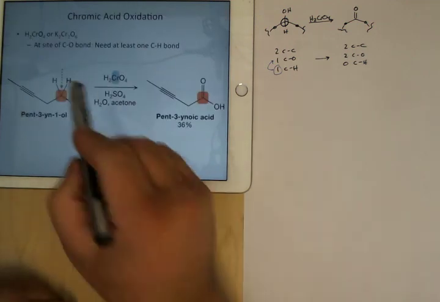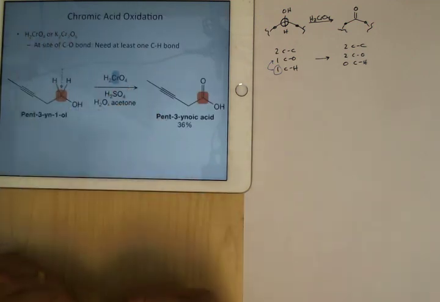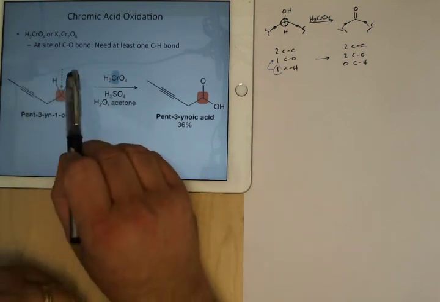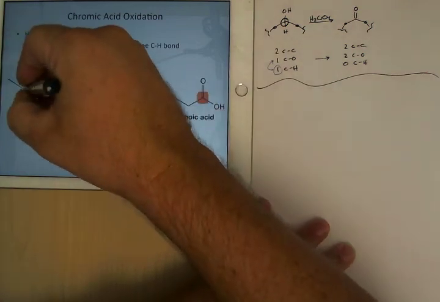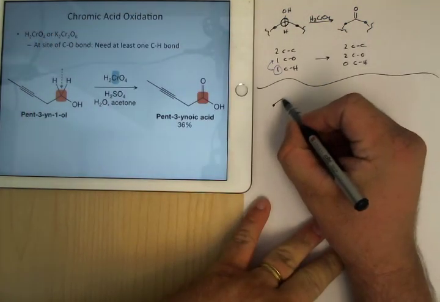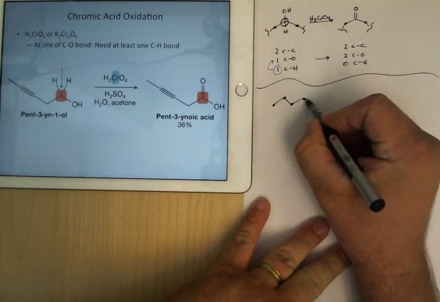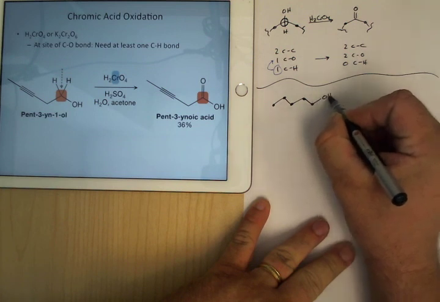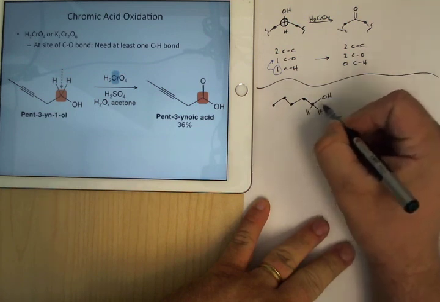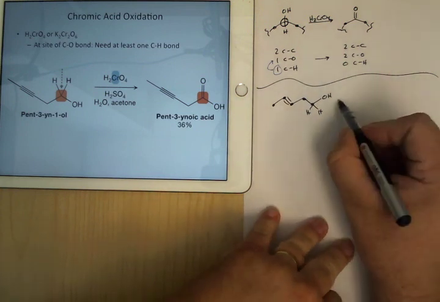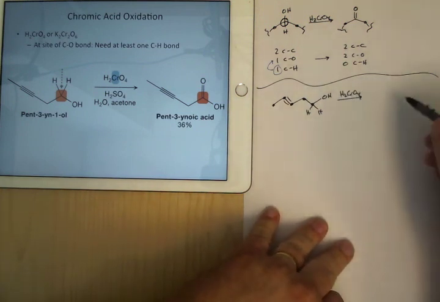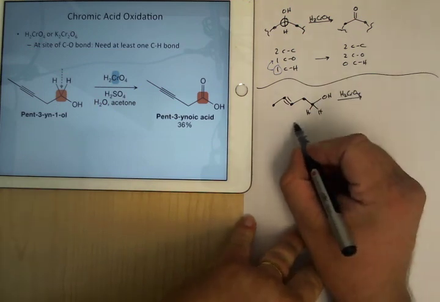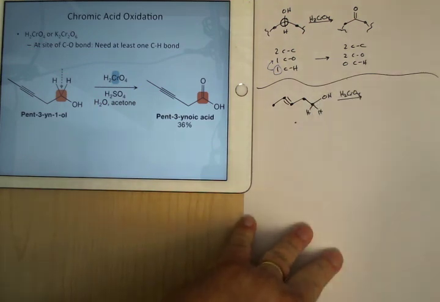Again, this is potassium dichromate or chromic acid. So with chromic acid, we're just looking at this carbon here, because that's the one that has a CO bond.